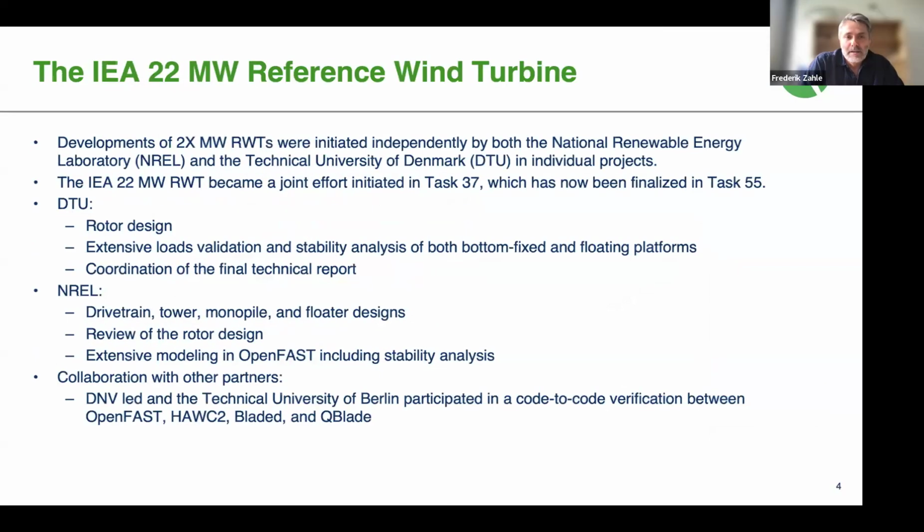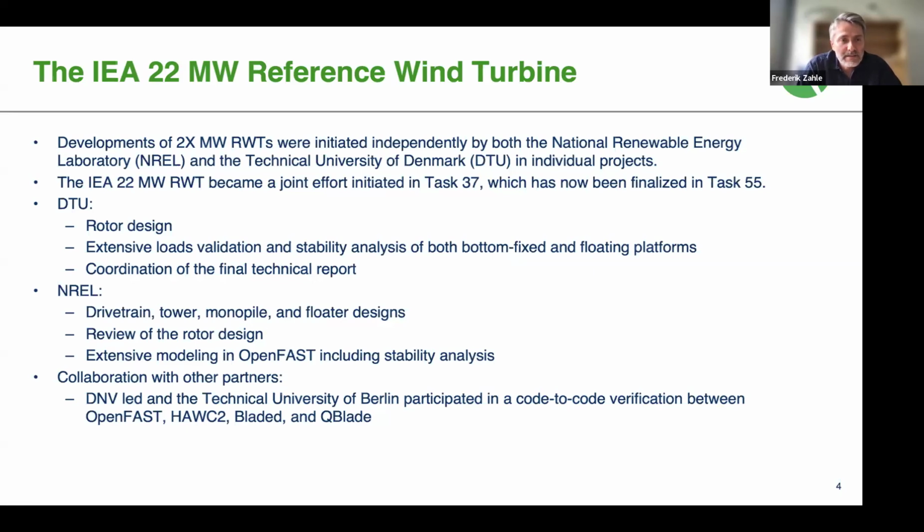The IEA 22 megawatt was initiated in a collaboration between NREL and DTU. On both sides, we had been initiating developments of turbines and systems in this size, which led us to work together to jointly design this 22 megawatt turbine, initiated, as I stated, in Task 37 and now finalized in Task 55.